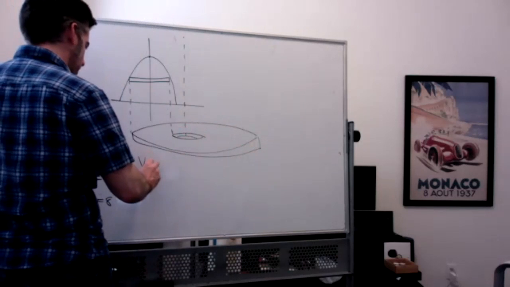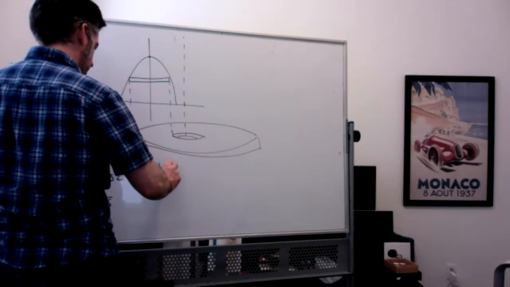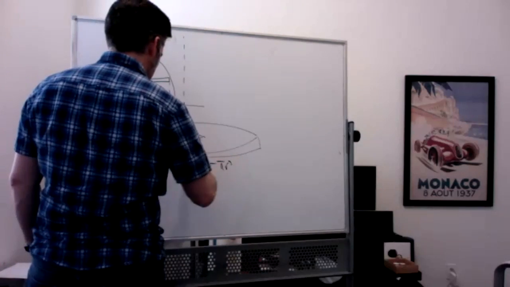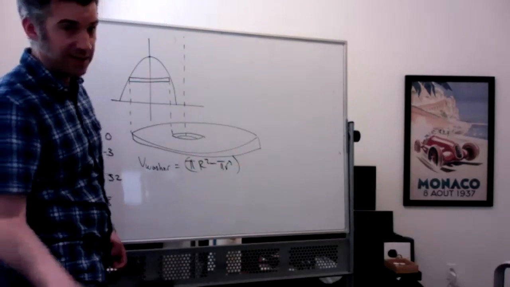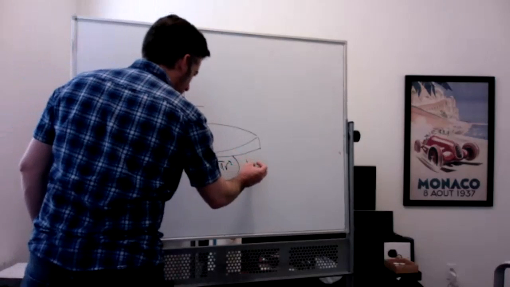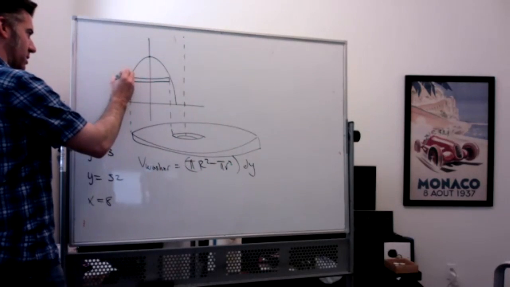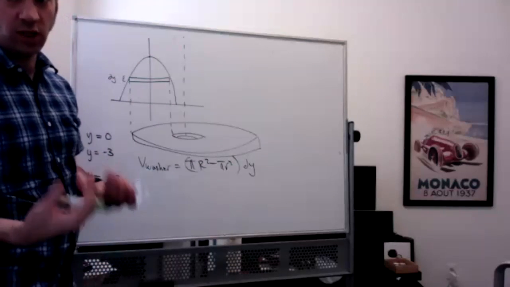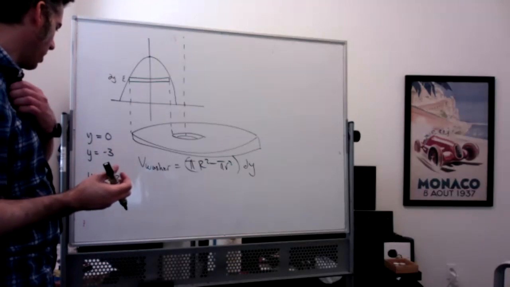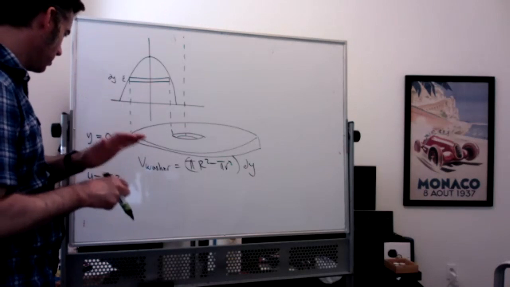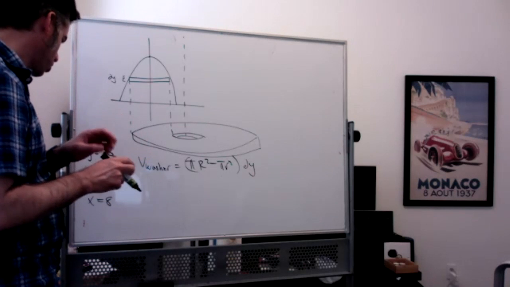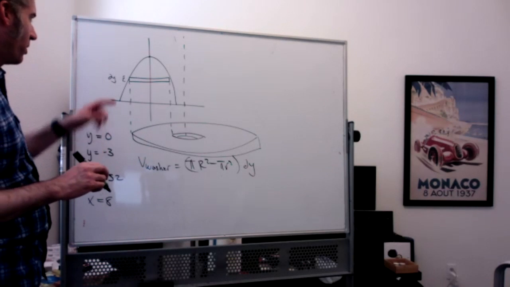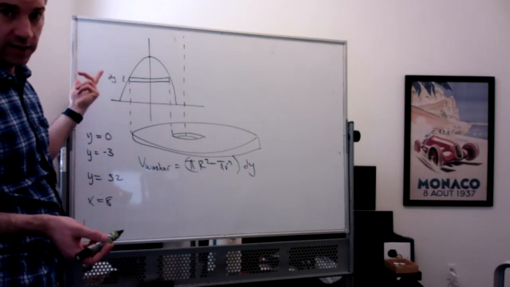The volume of my washer, just like every other time, is pi times the big radius squared minus pi times the little radius squared times d something. In this case, it's got to be dy, because that is a small change in y, whereas a vertical rectangle is a small change in x. We have to take this function and solve it for x as a function of y.